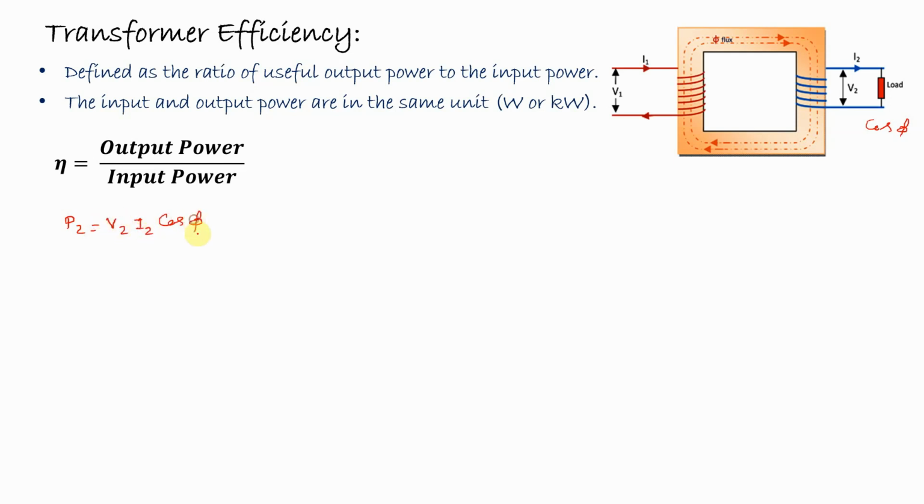This is the output power. Remember, in the case of transformers, V1 I1 is equal to V2 I2, which is considered as the rating of a transformer. So the V2 I2 value is always constant. So depending upon the power factor, we can calculate the value of output power.